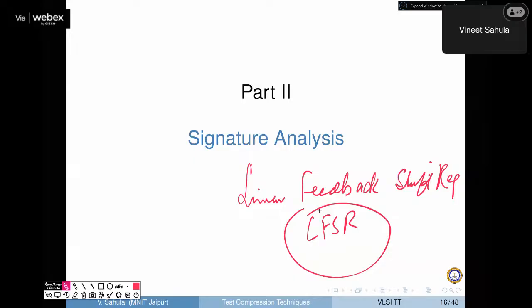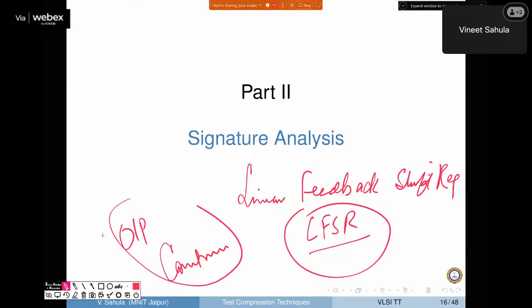We are looking at this firstly for output test compression, the very first application. But the second is it could be used for input pattern generation, random pattern generation.